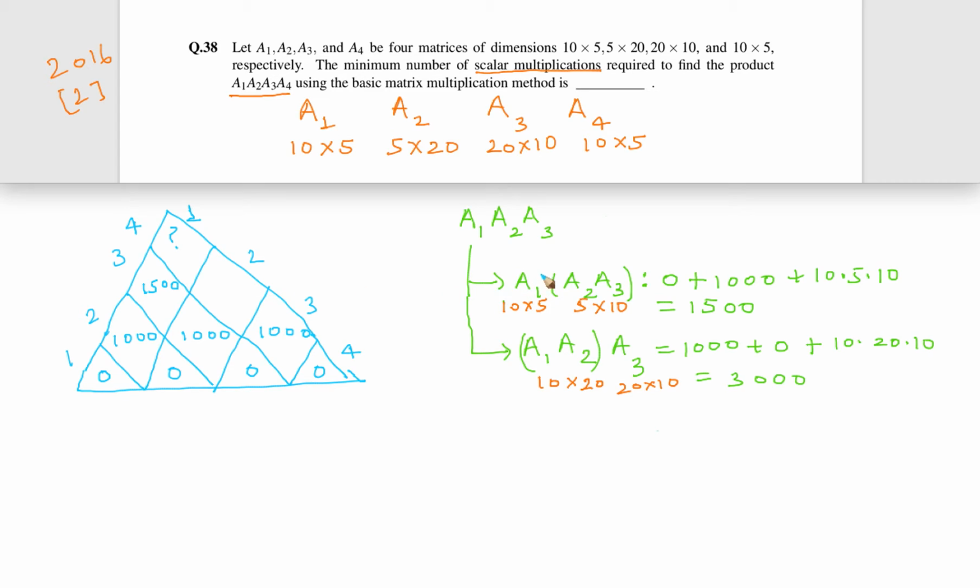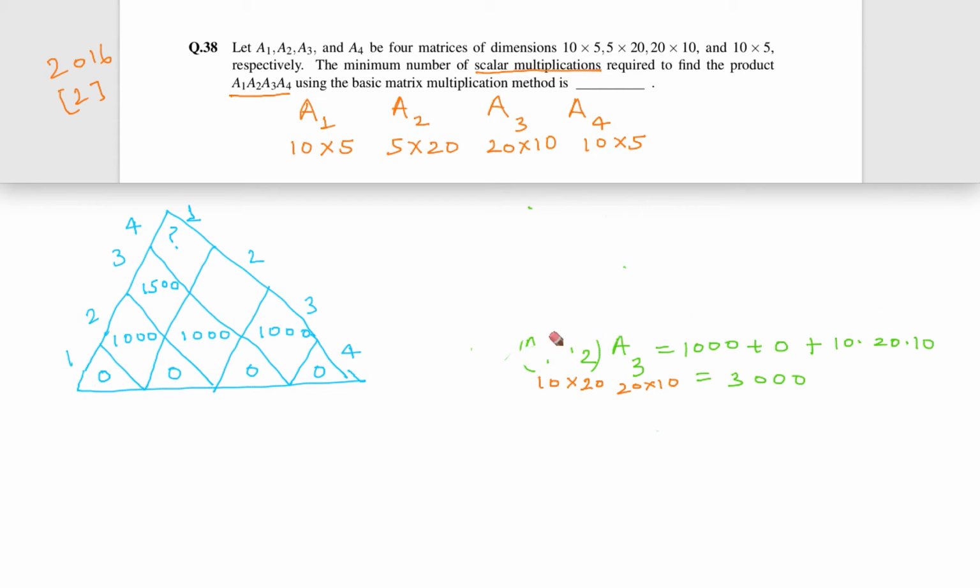Now in exactly the same way, we are going to find m2,4, which means we have to find the number of scalar multiplications for a2 into a3 into a4. As we did for a1 into a3, here also it can be done in two ways.